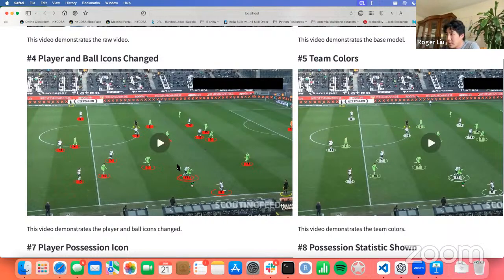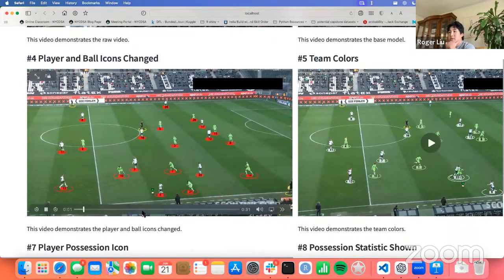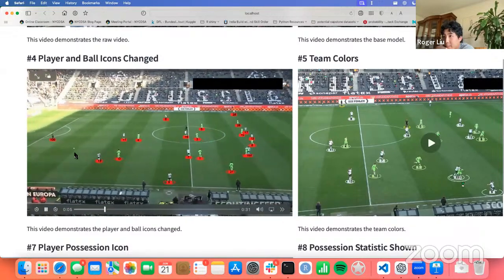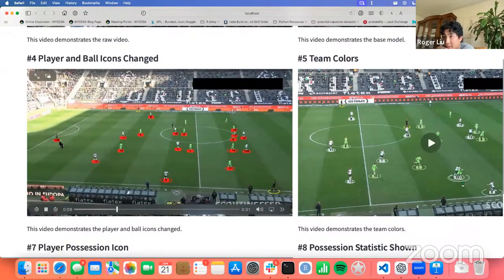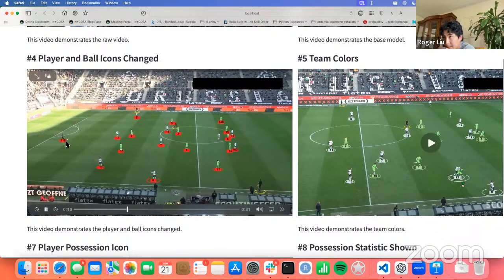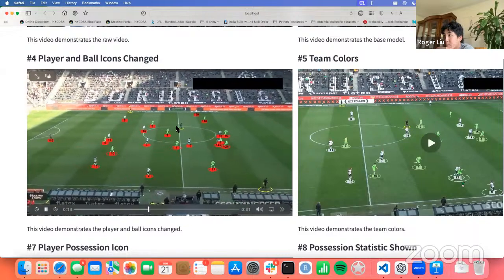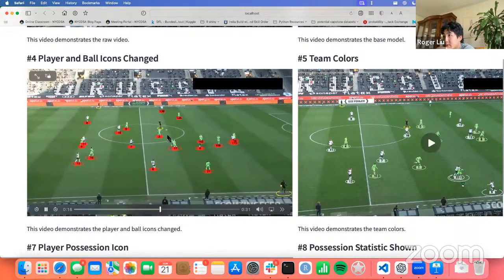And I also kept track of the ball here. But as you can see, the ball is still being lost sometimes when it is being passed, although it is better, I would say.